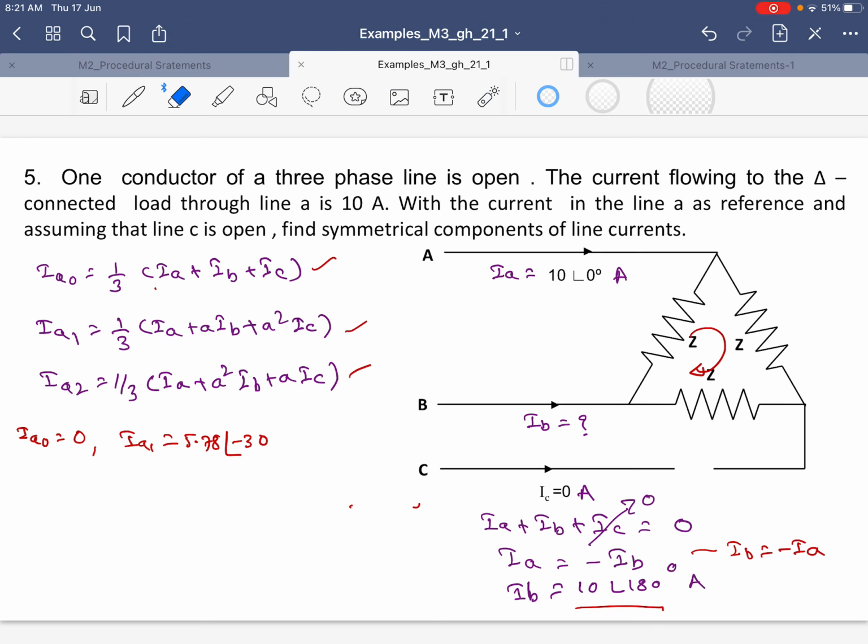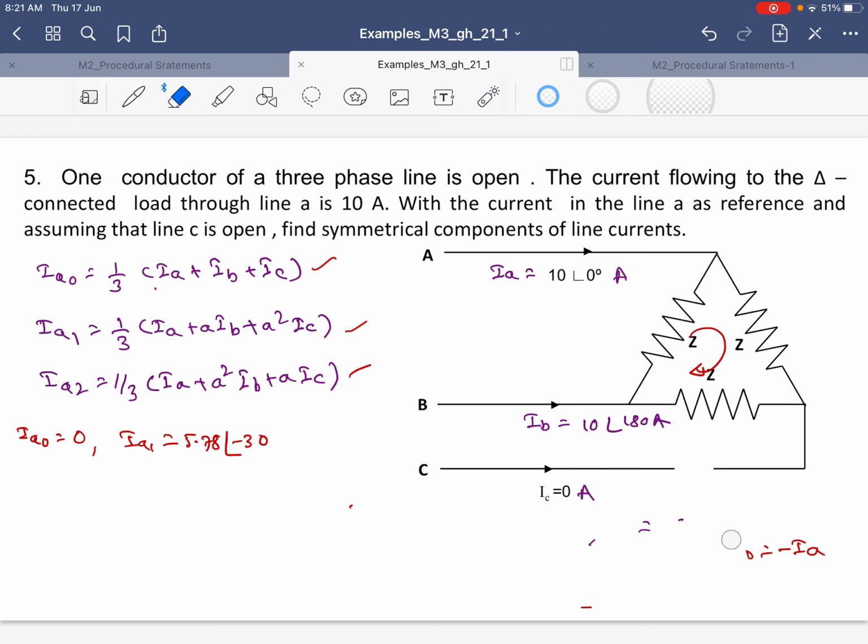IC was already calculated here. I will write this as 10 at an angle of 180 amperes, and IC is here. I will also remove every data I have got now.